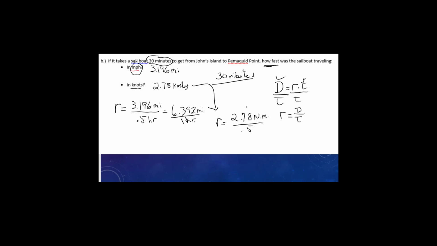And that's not what we want. We want knots, which is nautical miles per hour. So we'll put that in our calculator. And I get 5.56. And that would be nautical miles per 1 hour.